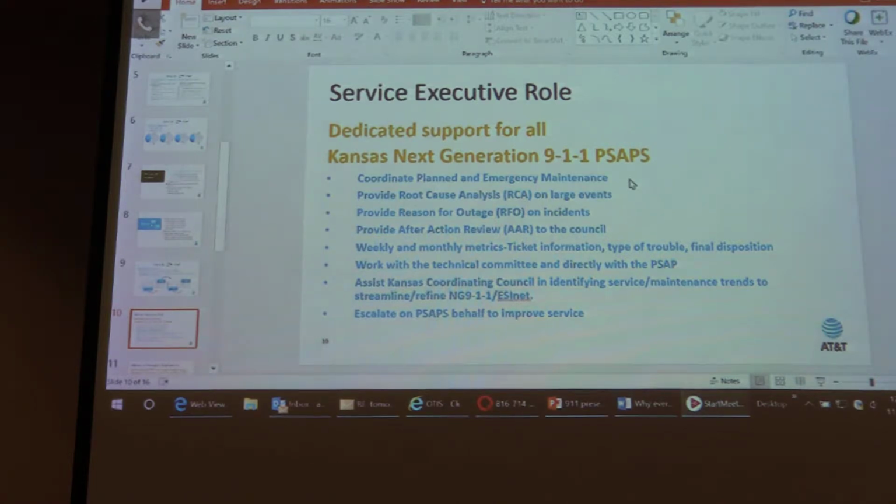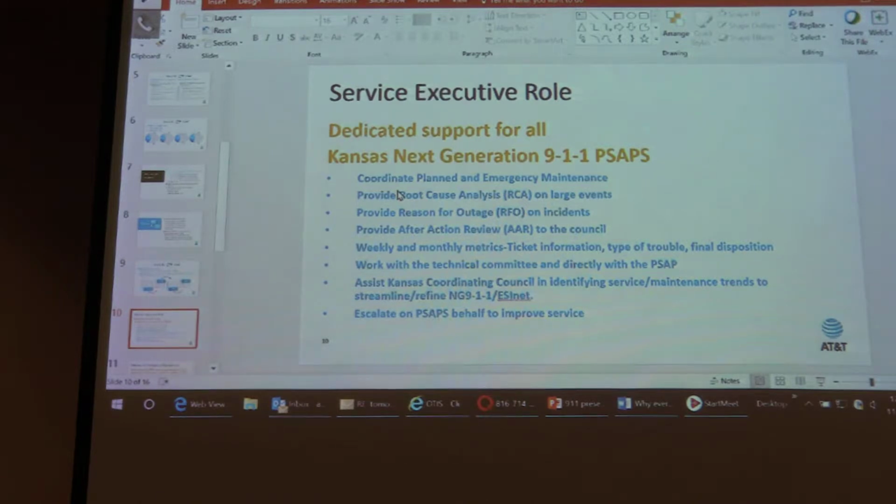There are lots of different layers, but each one is set up to signal, okay, this is Sedgwick, or this is McPherson, or what have you. That information is driven down to the lowest level that you would use, and then I take that information, sort it, work with Lori, and we get the information out to the PSAP. Some of you probably talked to me where I called you and said, we're going to do maintenance, who do you want to reroute to? That's what I will do. So that's the situation for your planned maintenance.